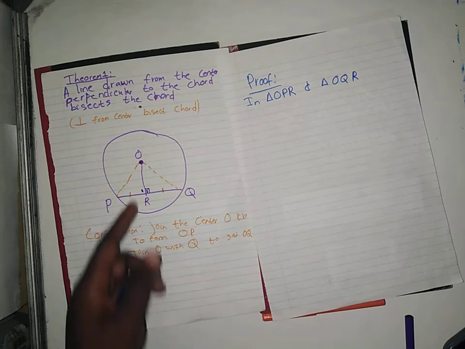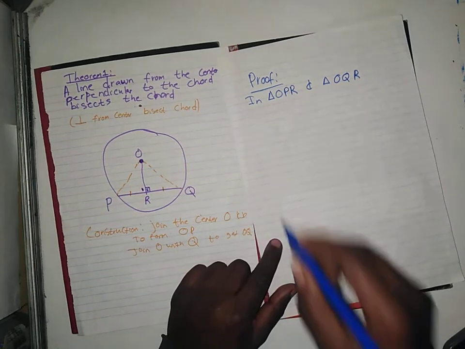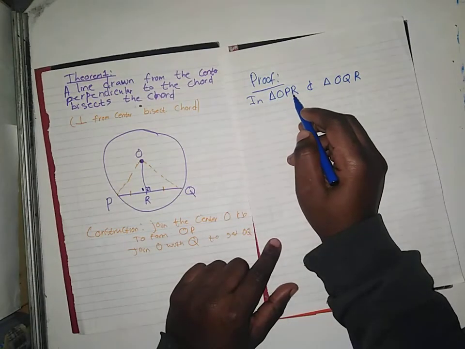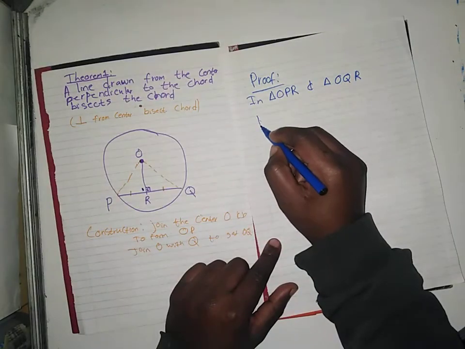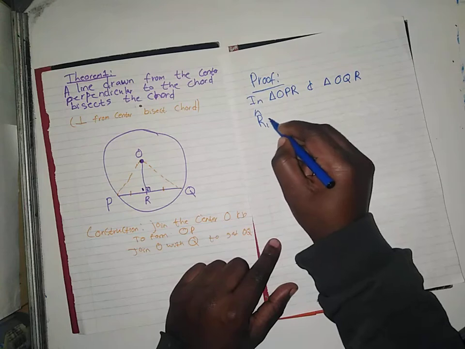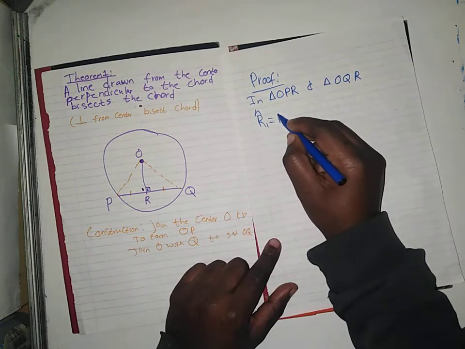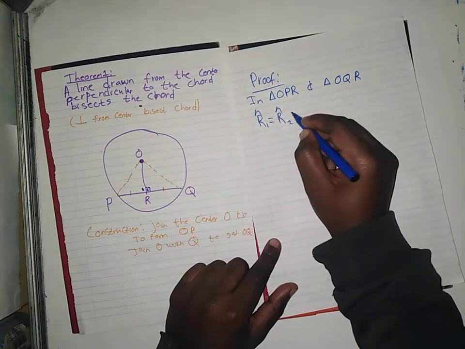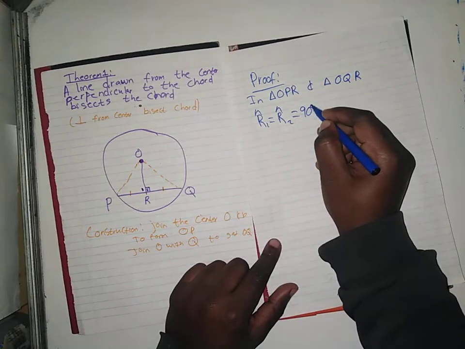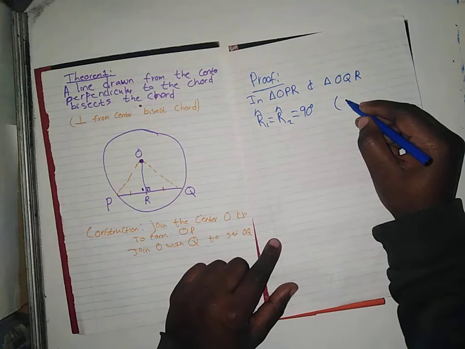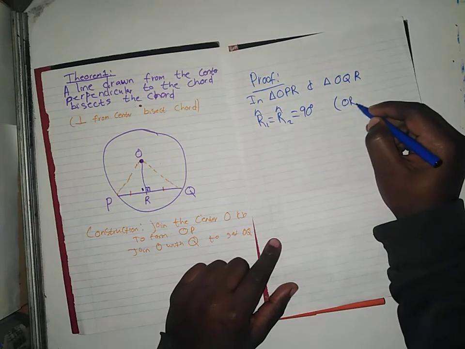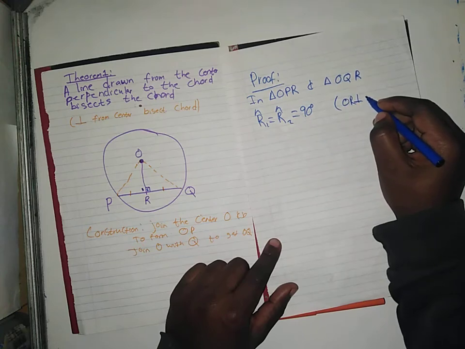So you must say R1 and R2. So in triangle OPR and triangle OQR, angle R1 is equal to angle R2, which is equal to 90 degrees. Where did you get that from? Because OR is perpendicular to PQ.